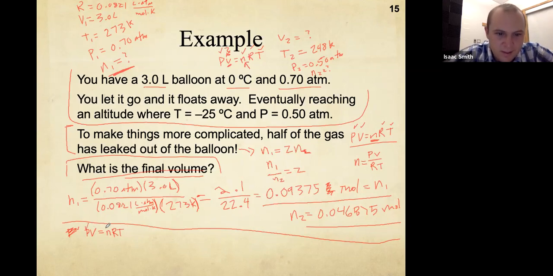That's what the question's asking. What's the final volume? We now know the final number of moles. We just figured that out. We always know R, and the problem gave us the final temperature. So now we can solve for the final volume, okay? So if we rearrange this, volume is going to equal nRT over P. Looks like pi. nRT over P.